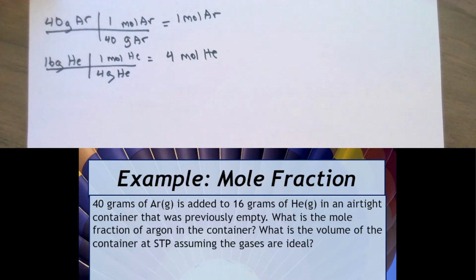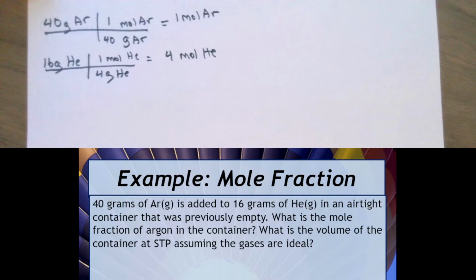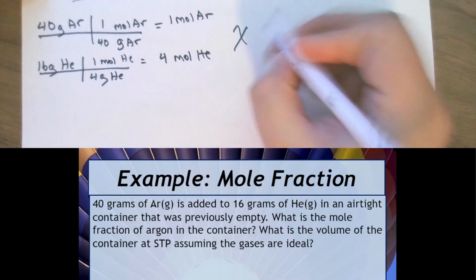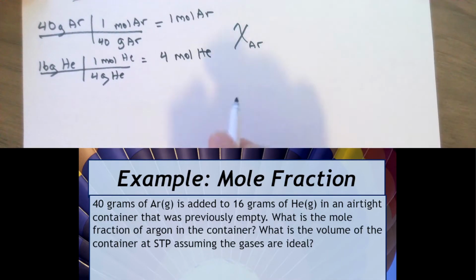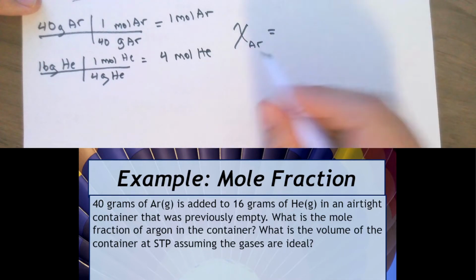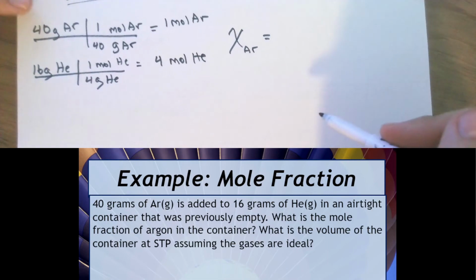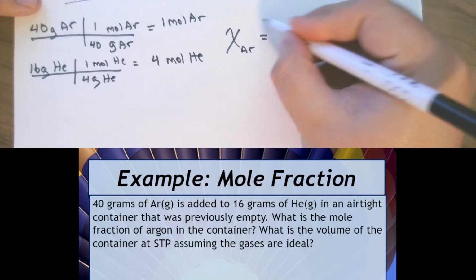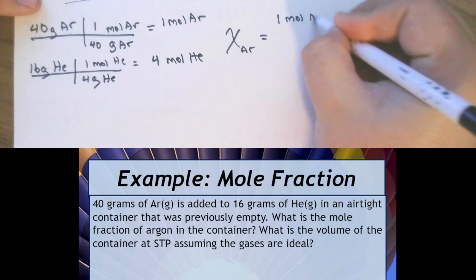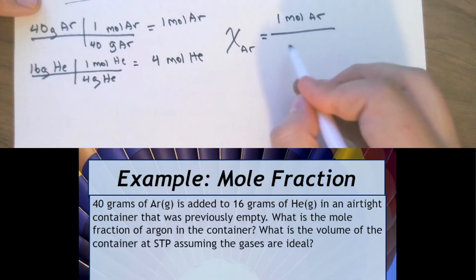All right. The question asks, what's the mole fraction of argon? So I have my mole fraction, the capital Chi, the weird X thing. It's just my moles of argon divided by my total moles. My moles of argon is just 1, divided by my total moles.